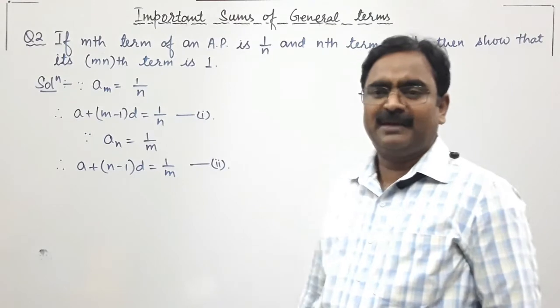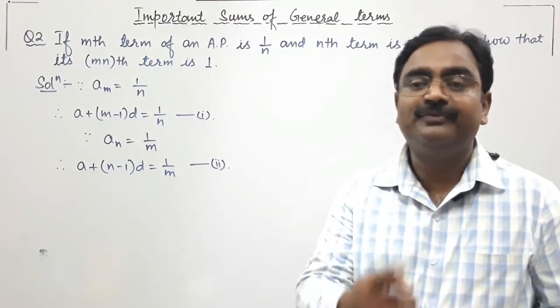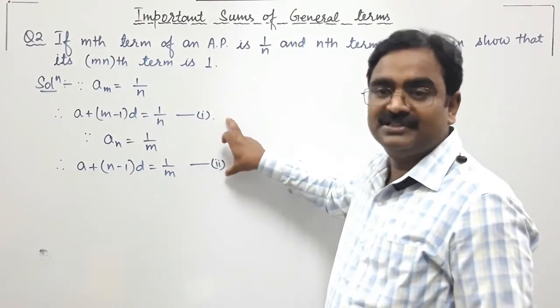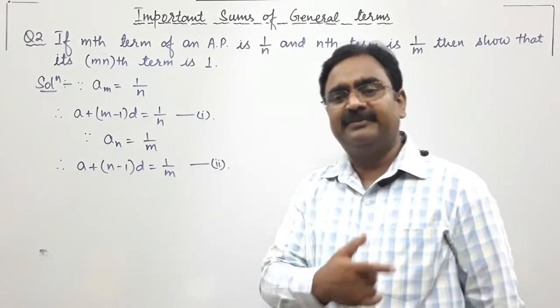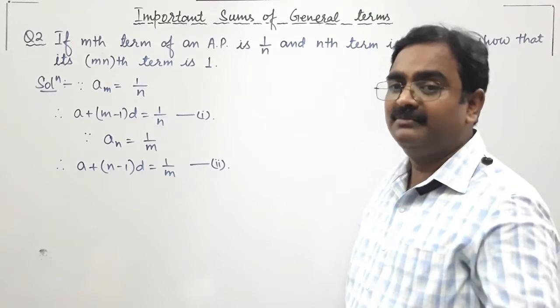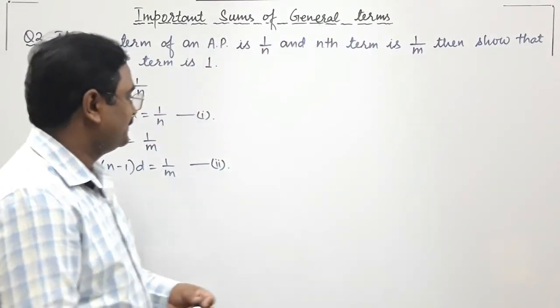These two variables we have to find, the values of a, the first term, and d, the common difference, after solving these equations. So let us solve it.